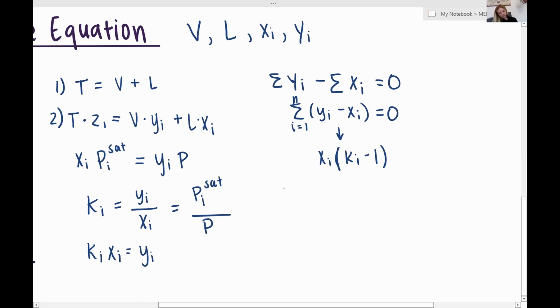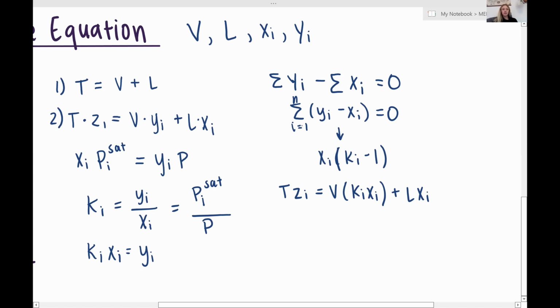We would have T zi equals V times ki times xi plus L times our xi. So now we have 3 unknown variables in here: our xi, our V, which is the flow rate of the vapor, and L, which is the flow rate of the liquid.